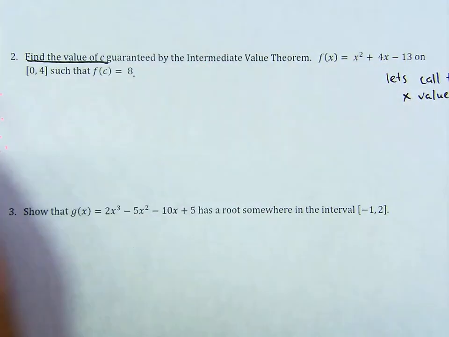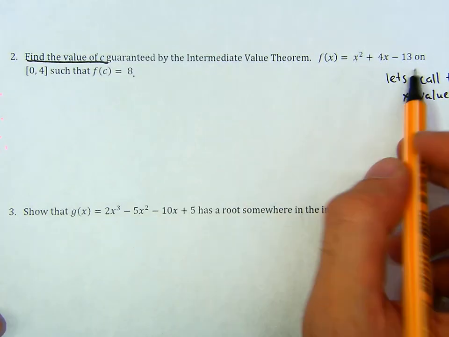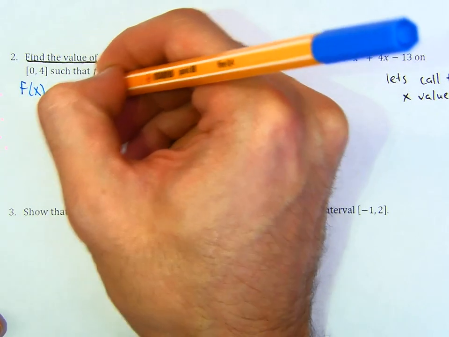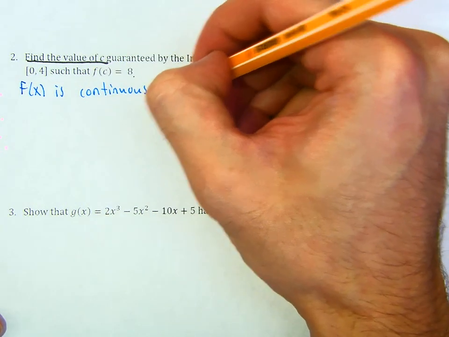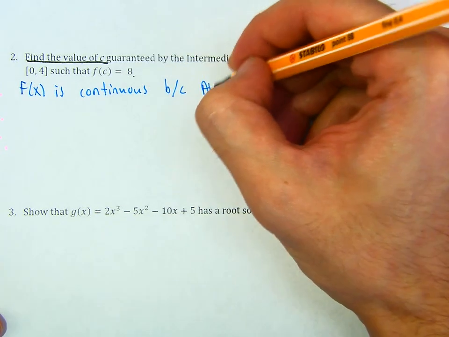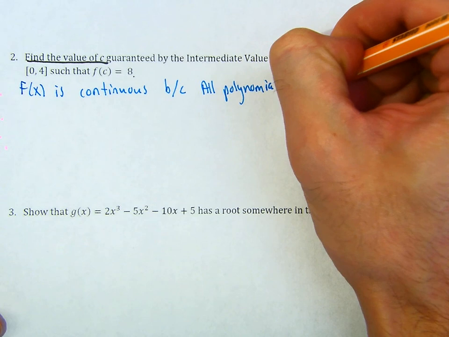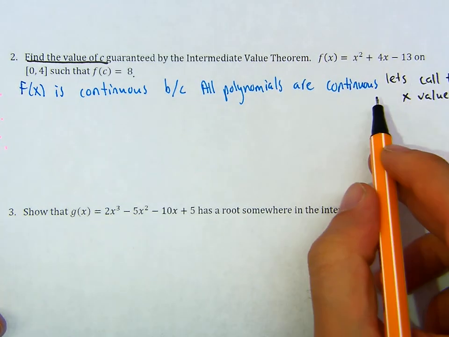So what's the first justification? We have to show that this function is continuous. And f of x is continuous, and give a justification why, because all polynomials are continuous, okay? So you have continuity, right?